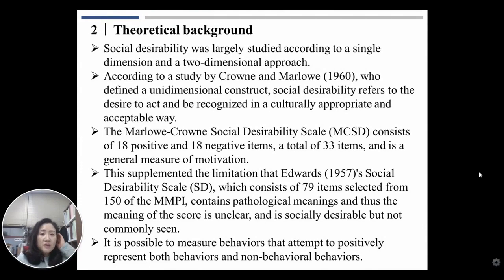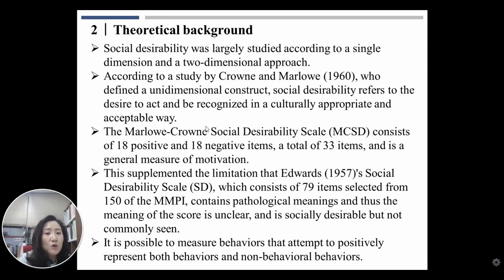Social desirability was largely studied according to a single dimension and two-dimension approach. According to a study by Crowne and Marlowe, who define it as a unidimensional construct, social desirability refers to the desire to act and be recognized in a culturally appropriate and acceptable way.